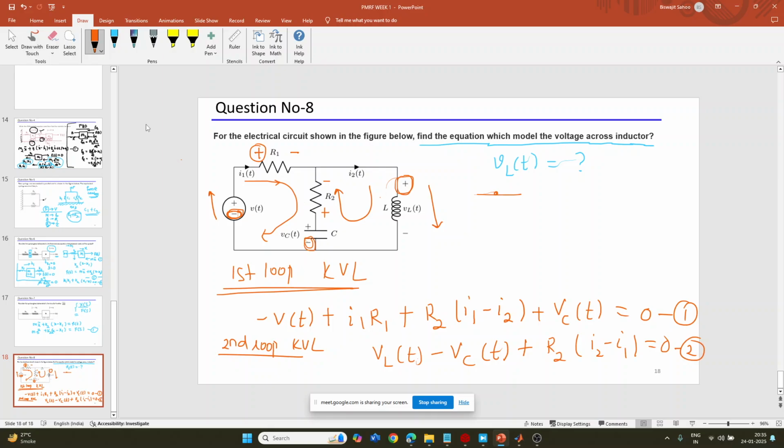Any doubt? Any doubt to anybody about how I wrote these two equations? Okay, no doubt, very good.